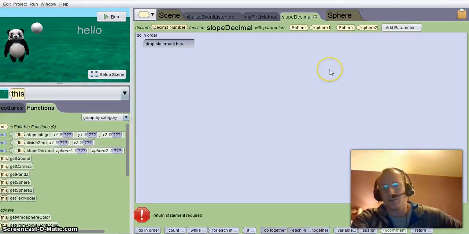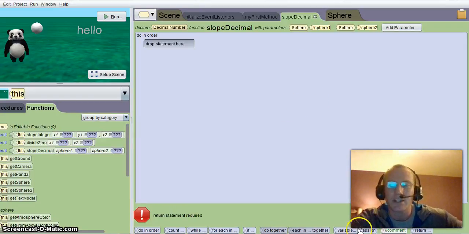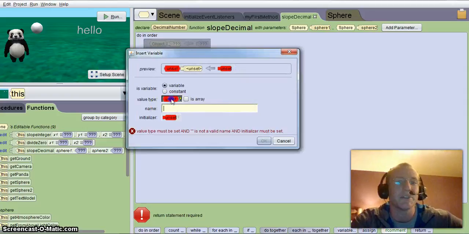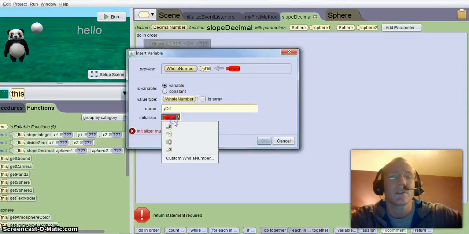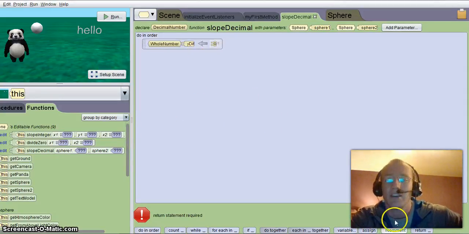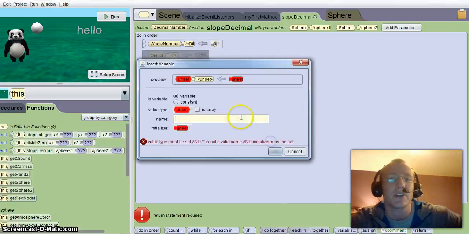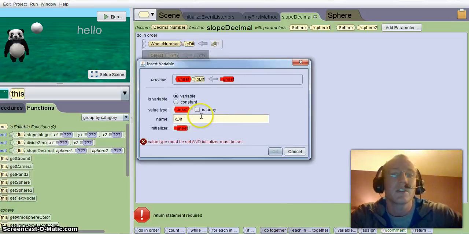Now, every time you convert, this is supposed to return a decimal number, and spheres have 4 whole numbers. So every time you convert a decimal number to a whole number, it takes quite a bit, and you'll see what I'm talking about. So I'm going to create two whole number variables called y difference, set it to anything, and I'm going to create a variable for x difference.